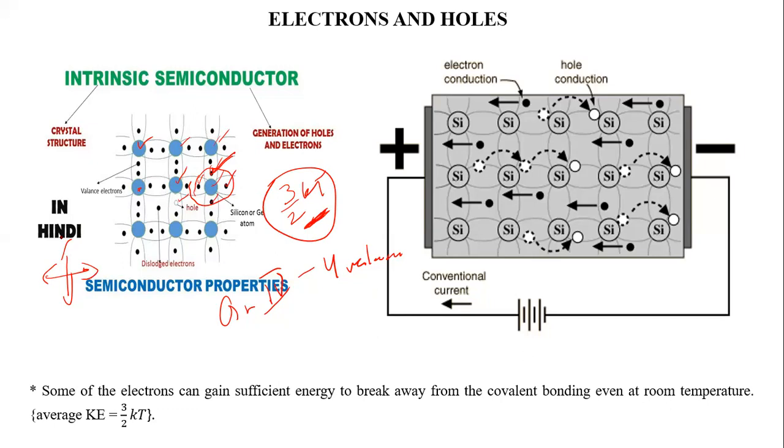So as they vibrate randomly at room temperature, some of the electrons which are participating in the chemical bonding will get detached. So when they get detached, they become a free electron.